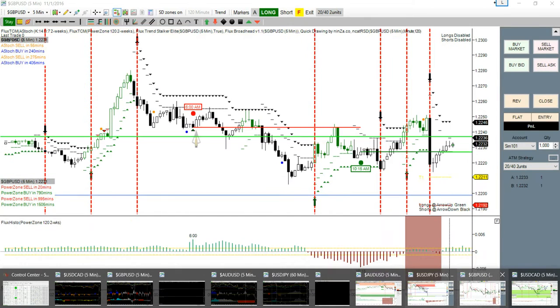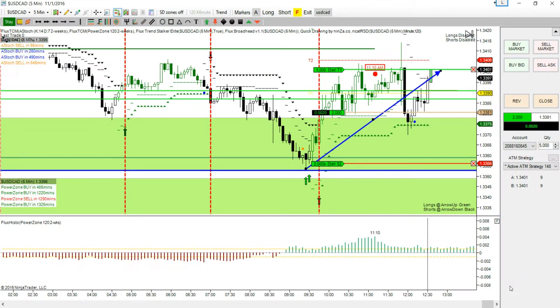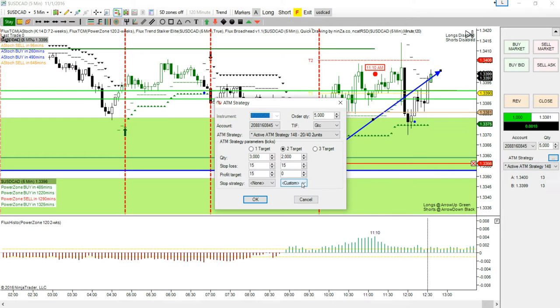Okay, traders, so here we go. We're going to take out that 20 pip target. Target filled, target filled on the Canadian. Okay, so we need to go another 2 pips, I believe, in order for the trailing stop to really move up. Wait a minute, this is a 15.